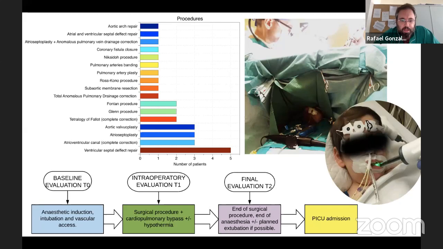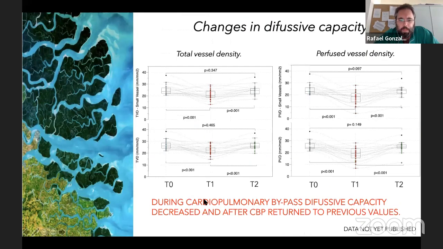In this study, which we have not yet published and is under consideration, we evaluated 24 different patients with very heterogeneous surgeries. We evaluated the microcirculation previously to the surgery, during the cardiopulmonary bypass, and after the surgery before admission to the PICU.